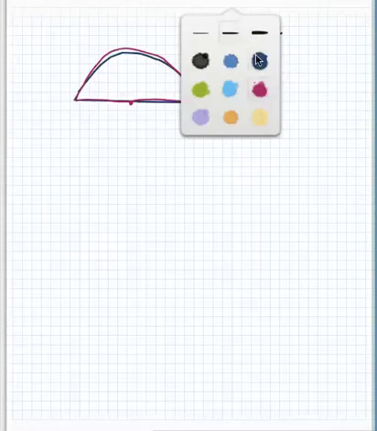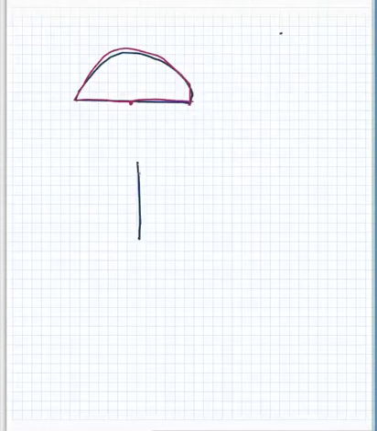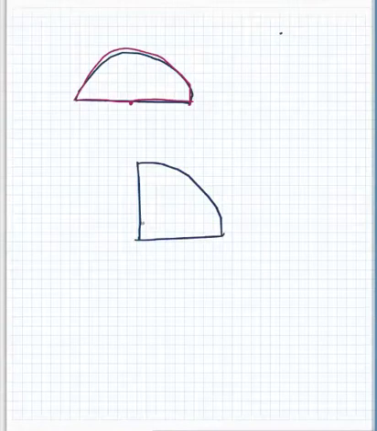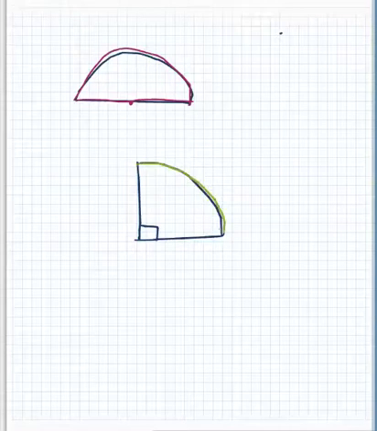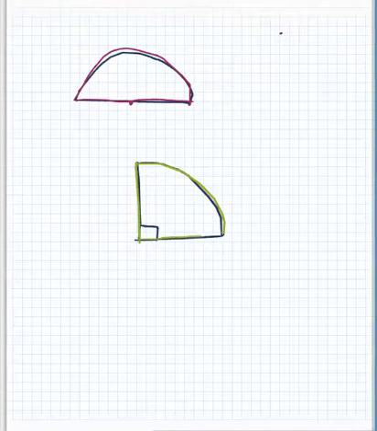What if we have a part of a circle that looks like this? So imagine we cut a pizza slice. And that 90-degree angle indicates it's a quarter, okay? So it's a right angle. So now with this part of the circle, we have the curved part here, which would be a quarter of the circle, plus this line here and that line there.